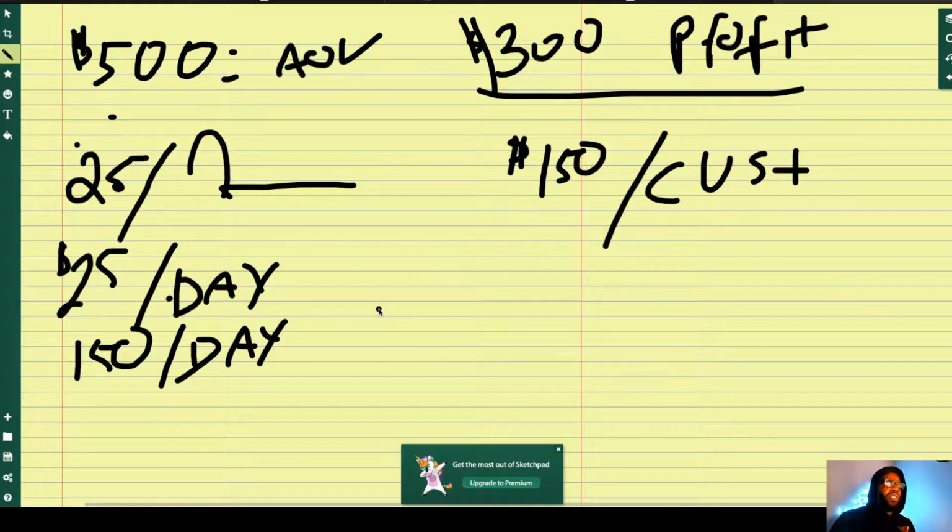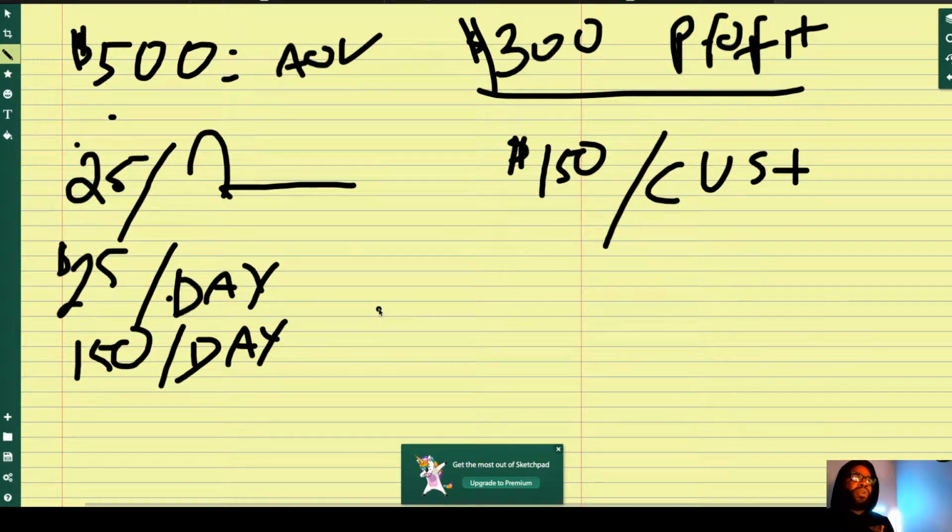So one thing to pay attention to if you're just getting started with ads, you have no data, you don't know your numbers, and you're doing, let's say, a $5 per day budget, what you want to pay attention to is things such as click-through rate. That's the percentage of people that's viewing your ad versus clicking on your ad. You also want to pay attention to add to cart.